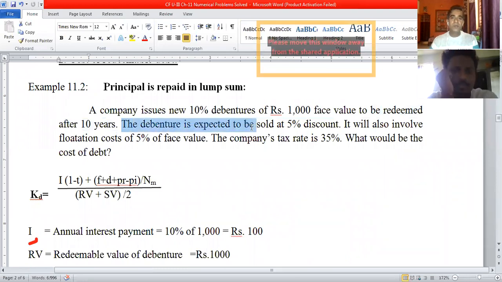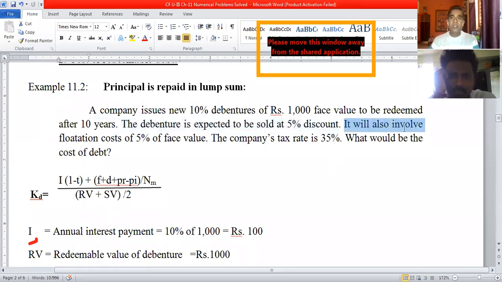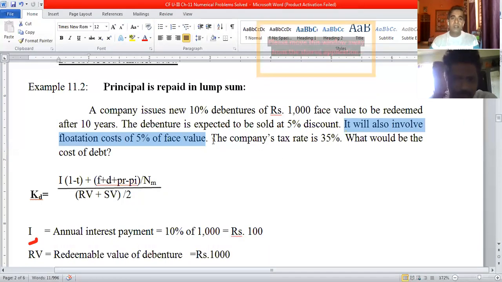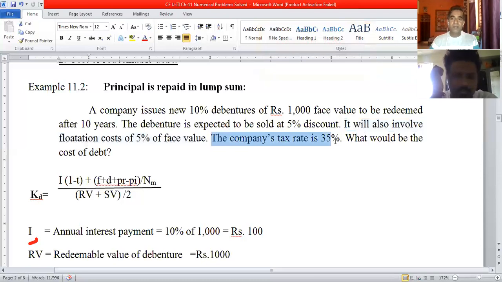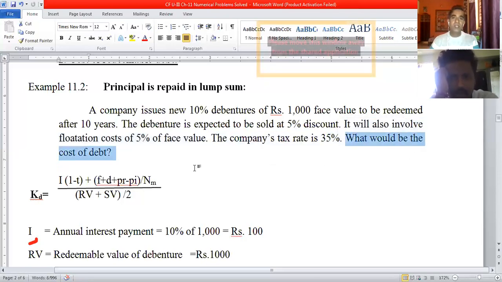The debenture is expected to be sold at a 5% discount, and it will also involve flotation costs of 5% of face value. Face value is 1000 rupees, so 5% of that, 50 rupees, will be the flotation costs. The company's tax rate is 35%. So what would be the cost of debt?